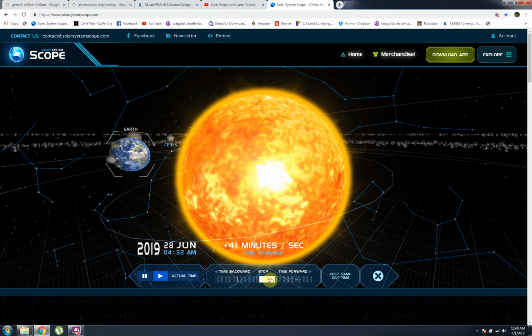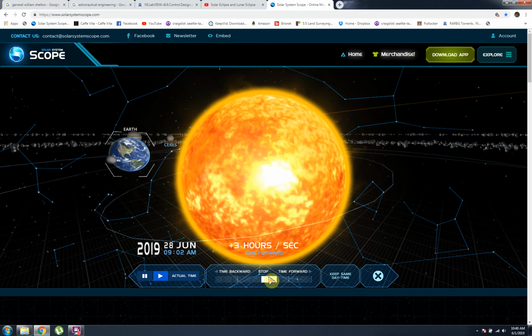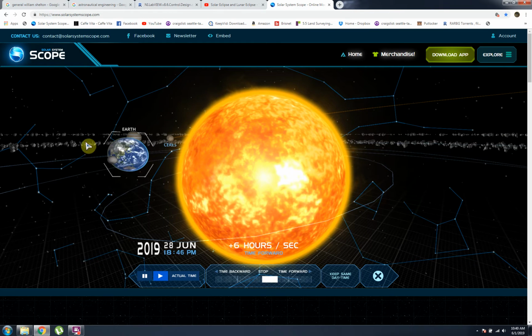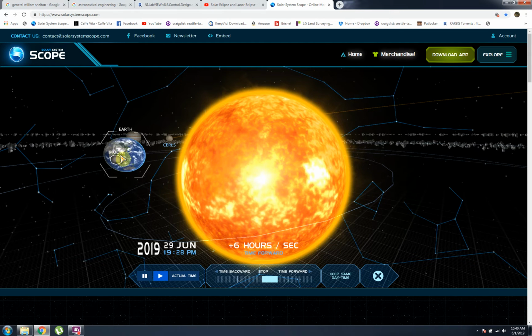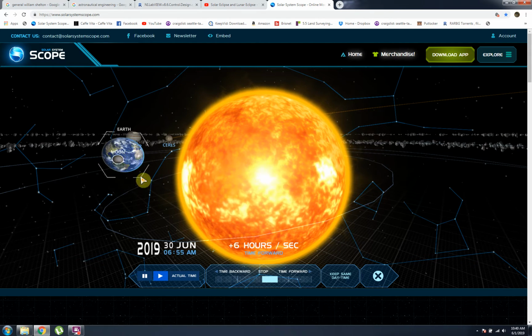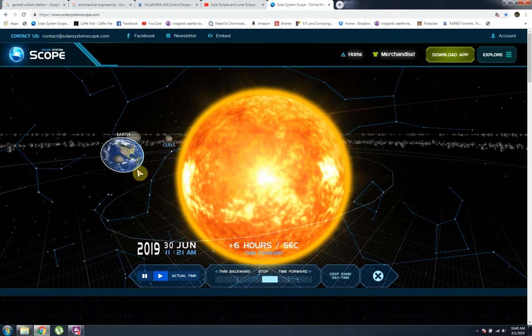I mean, west to east. Sorry, got that backwards. The moon's moving slowly west to east in relation to our directions. But the relative motion of the spin of the globe screws that all up.